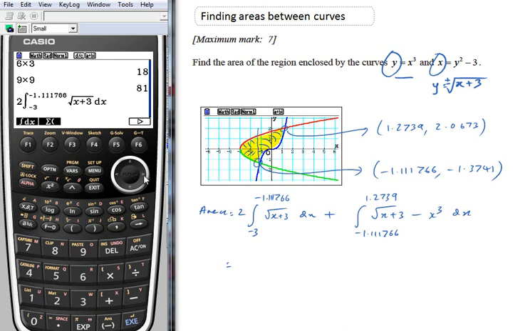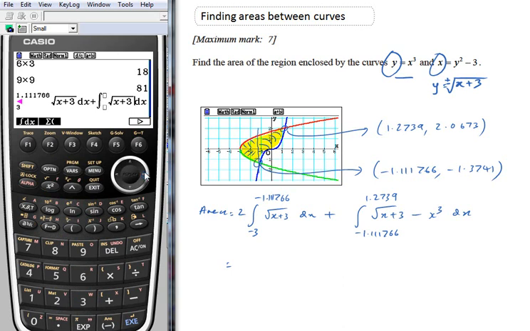Okay, the next thing we'll need to add to that is another integral, and this is going to be between the next 2 intercept points, but the function will be again the square root of x plus 3.